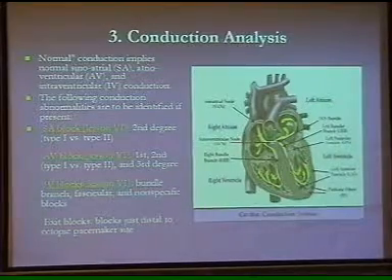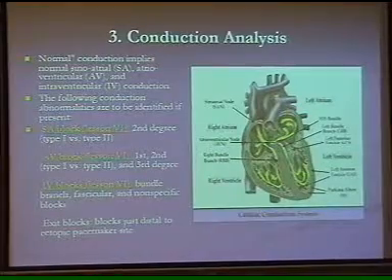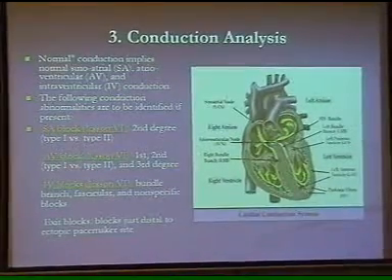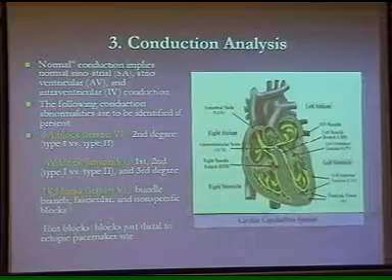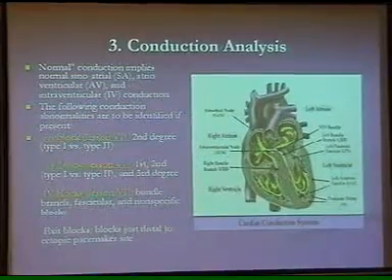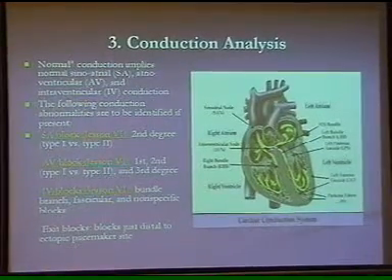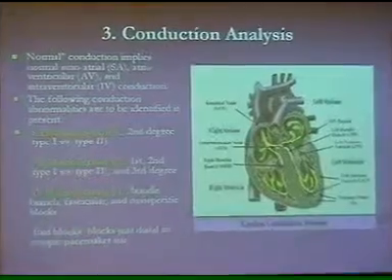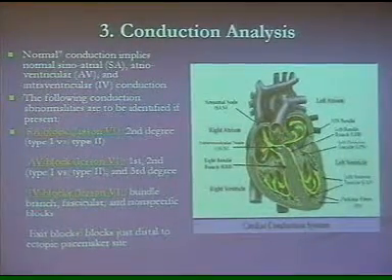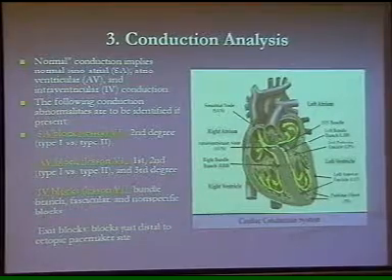So that's second degree heart block, Wenckebach. Second degree heart block type 2, Mobitz type 2, is basically 2-to-1 block. Every second beat is being dropped. In first degree heart block, the PR interval is the same, although it's prolonged.